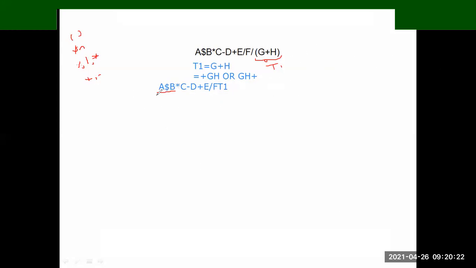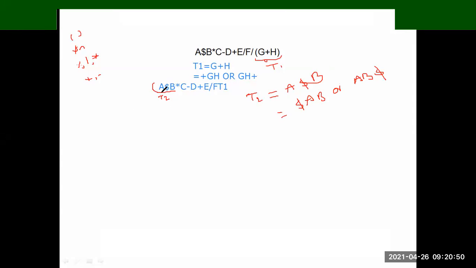So this is my T2. What is T2? T2 equals A dollar B. For prefix, dollar AB; for postfix, AB dollar. Clear? Just replace T2 here.